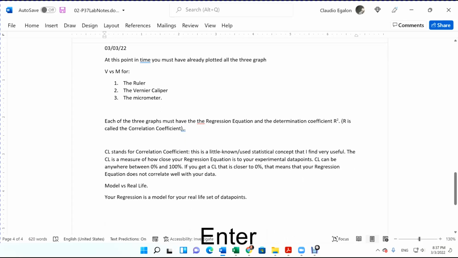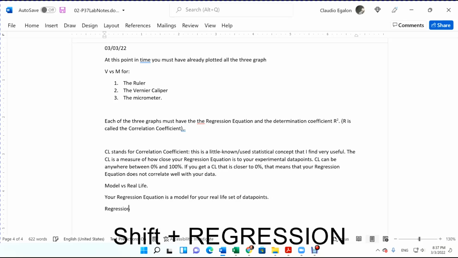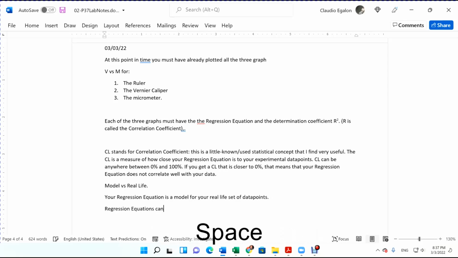Your regression equation is a model. Regression equations can be used to predict the behavior of systems. That's what regression equations can be used for.